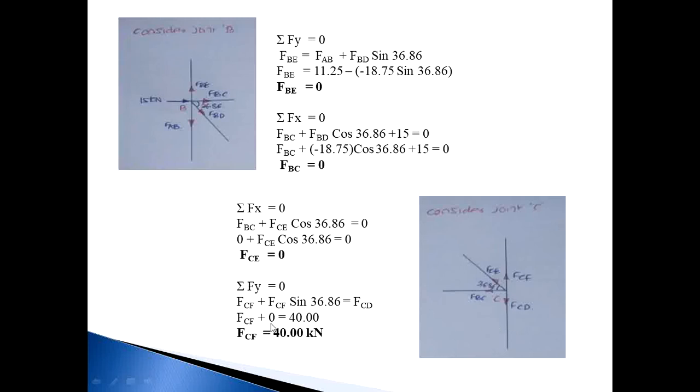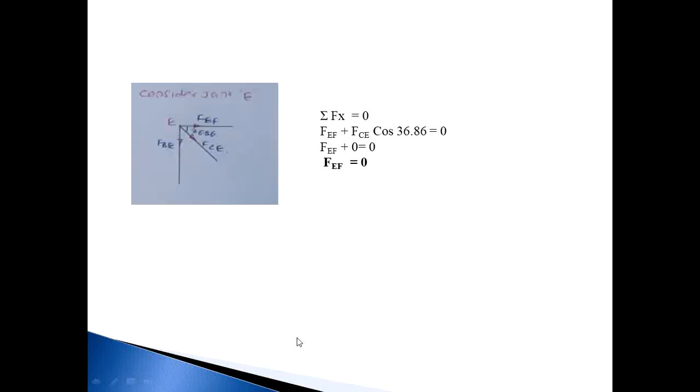And we already know the value of FCE is 0. So FCF will be 40 kilonewton. Then consider joint E. Summation Fx is equal to 0. FEF plus FCE cos 36.86. So FCE value will be 0, so FEF value also 0.